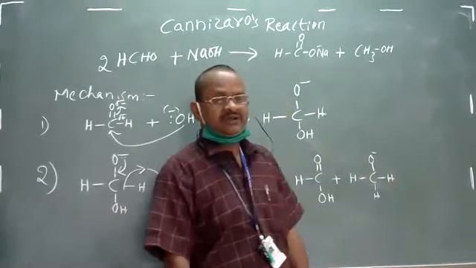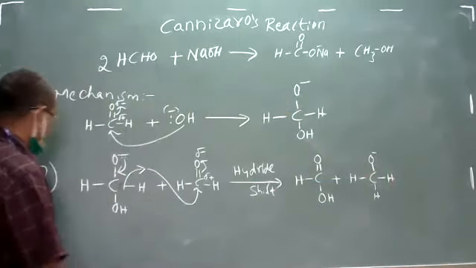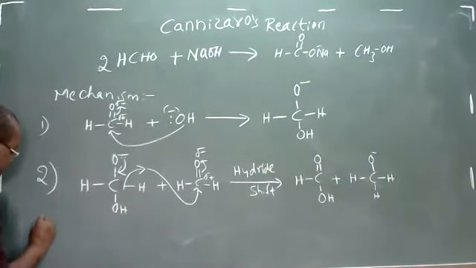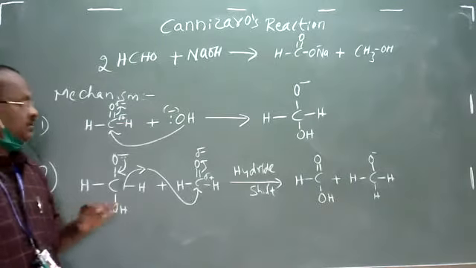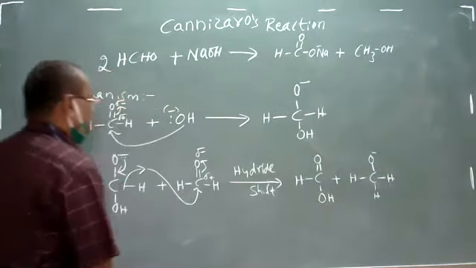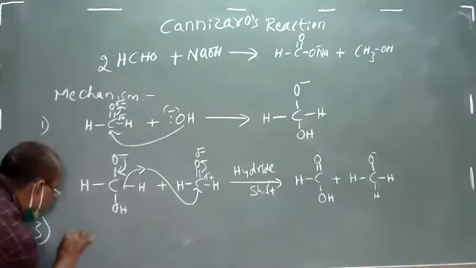This oxide ion is once again generated in the second step. Clear? So in the third step, that particular oxide ion wants to stabilize itself.